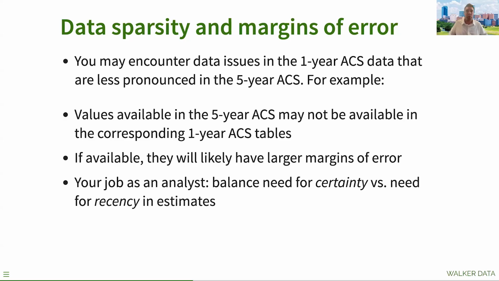And so that's based on pooling all the responses for those various ACS 19 through 23 and then reweighting them to align with the population composition of the US. And so you're going to have responses that are informing those estimates that go all the way back to 2019. And so that's something to be mindful of.